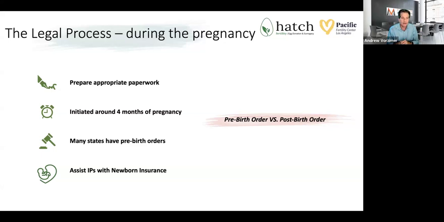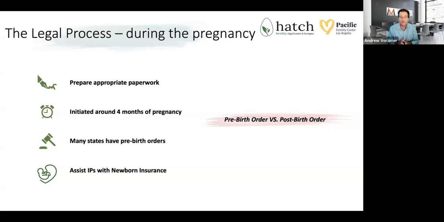It'll either be a judgment of maternity and paternity, or a judgment of paternity, or a judgment of maternity in the event of a single mom. That judgment declares you to be the legal parent. It terminates any rights a surrogate has, and it orders the hospital and Department of Vital Records, which is the governmental agency that issues birth certificates here, to place your names on the birth certificate as the parents of your child.